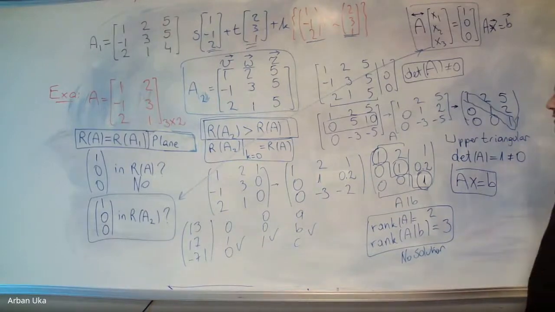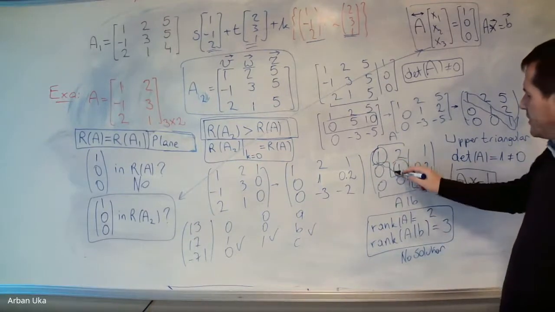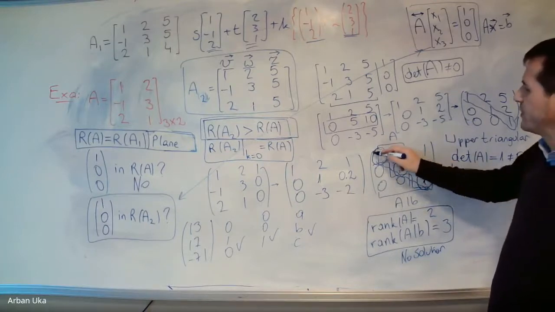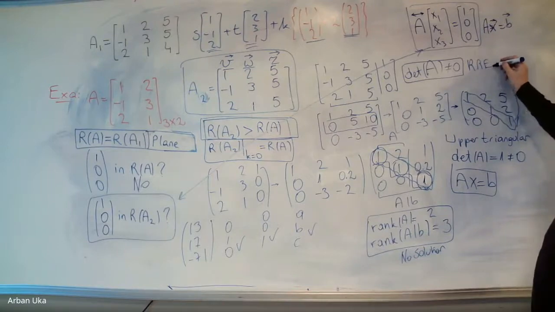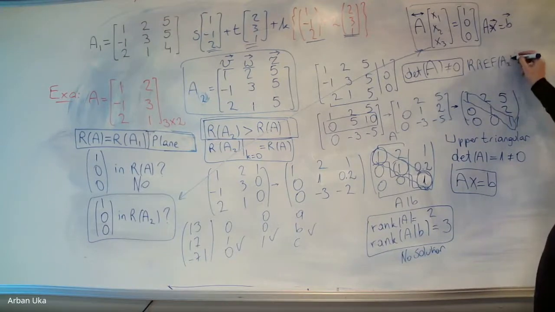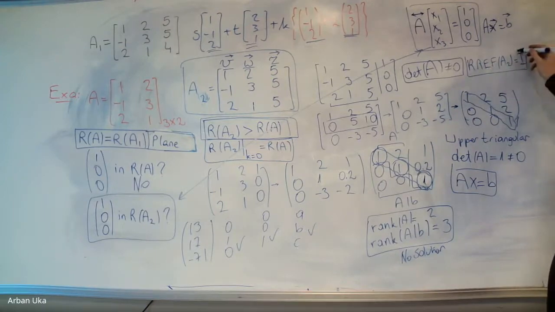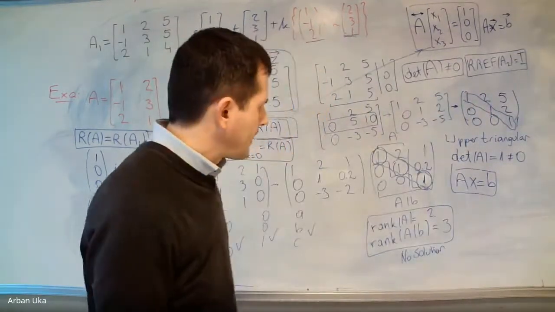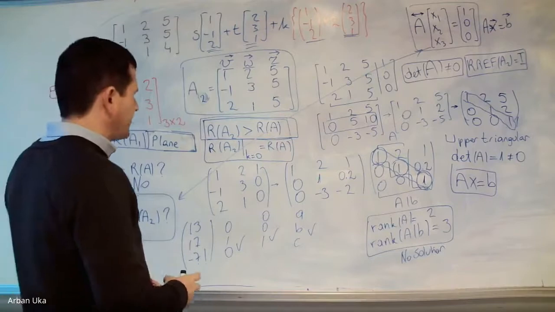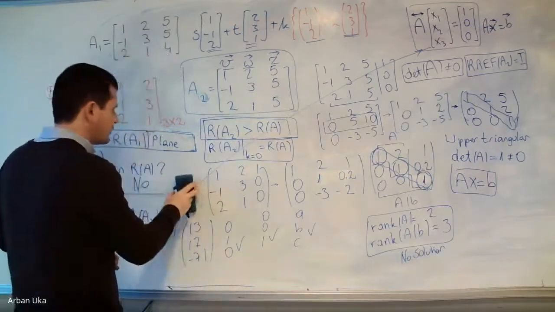What is the reduced row echelon form of A2? The reduced row echelon form of A2 is equal to the identity matrix, right? And so are we good so far?